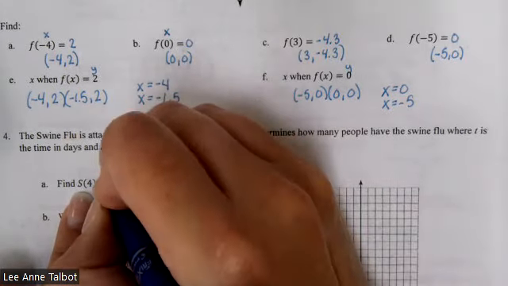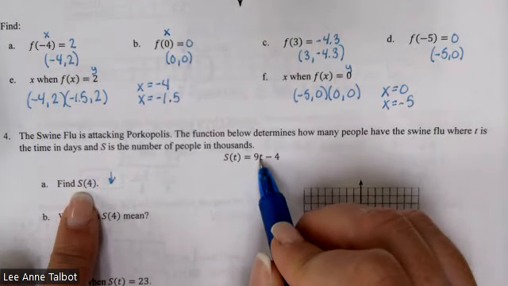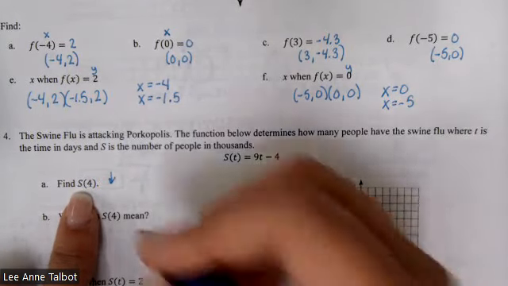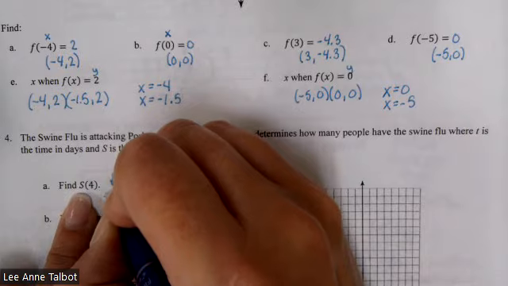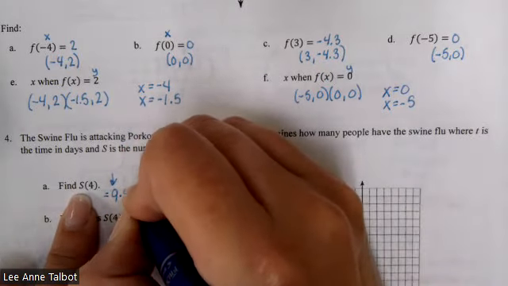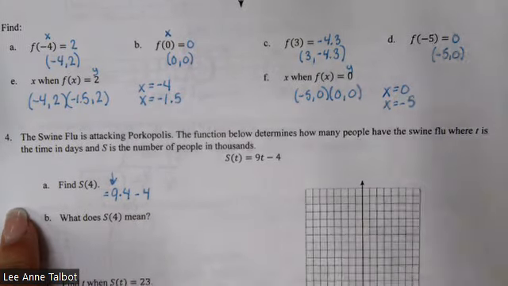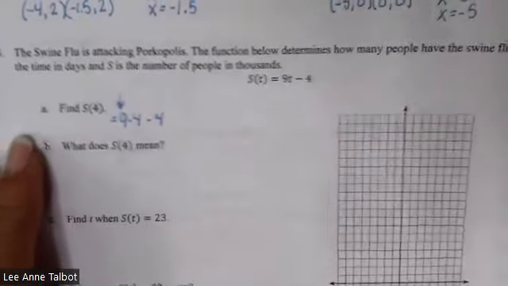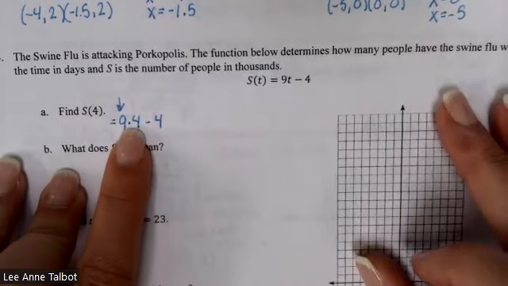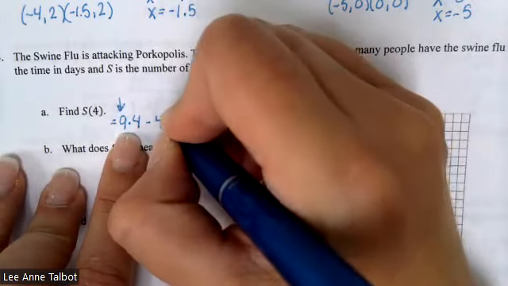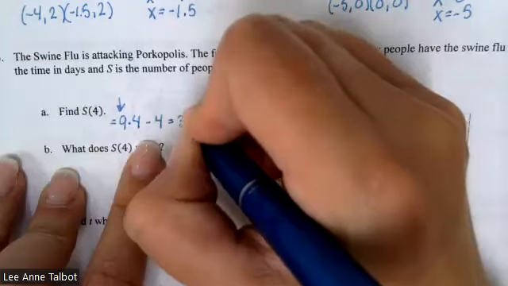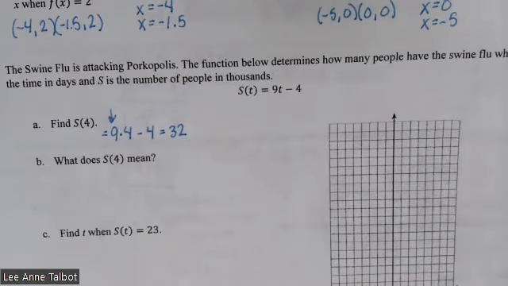Okay, that means I'm going to drop 4 in the spot for T. So 9 times 4 minus 4, which is 36 minus 4 is 32.